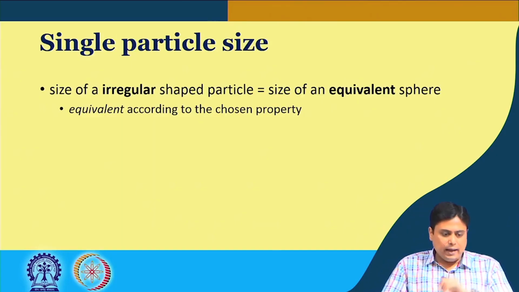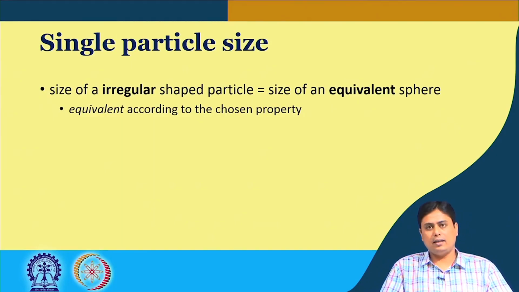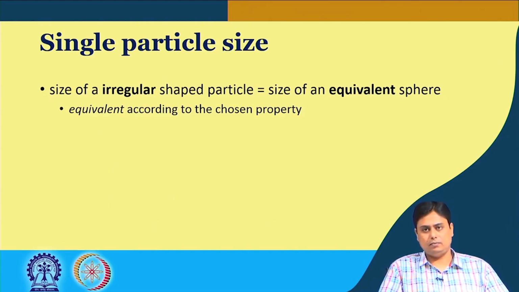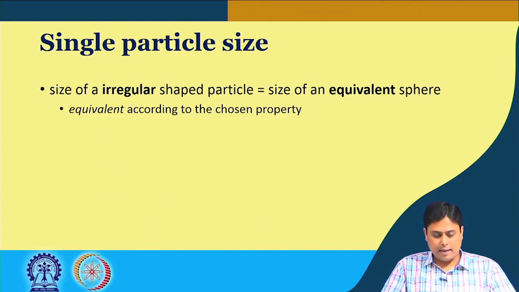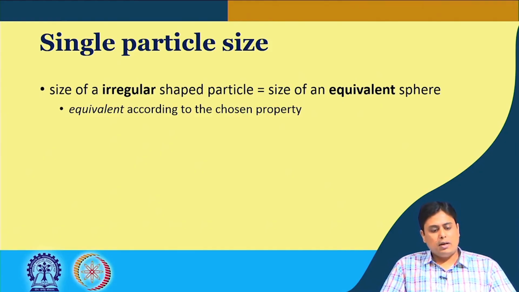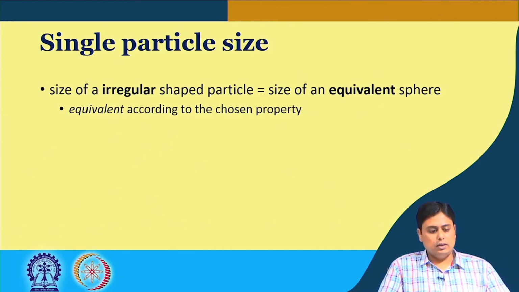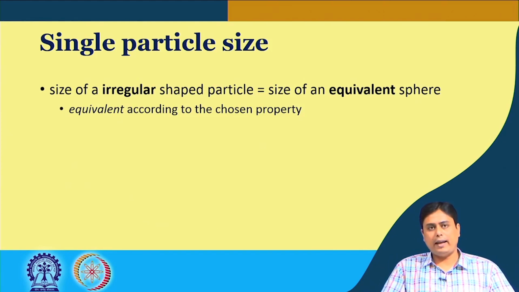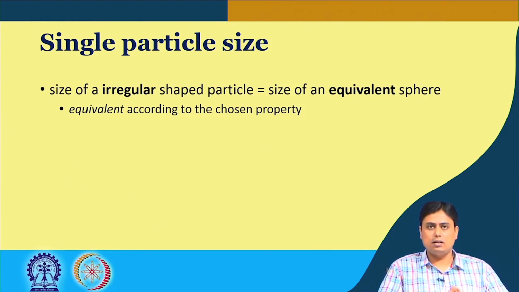Now, the point is how do we define a single particle size? We will come to the sample of different particles when we discuss the industrial scale samples, but let us first focus on how we single out a particle and how we characterize a single particle size.